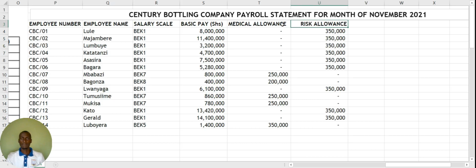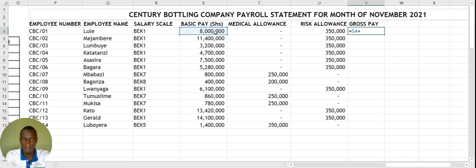So when you get the basic pay plus the allowances, then of course we come up with the gross pay. So we are going to compute the gross pay. Your gross pay will equal the basic pay, plus the sum of the medical allowances and the risk allowances, plus the sum of all the allowances.